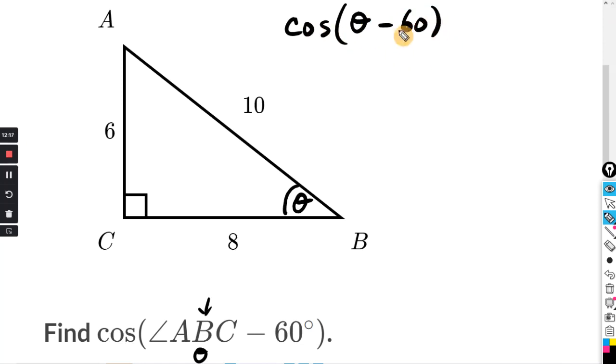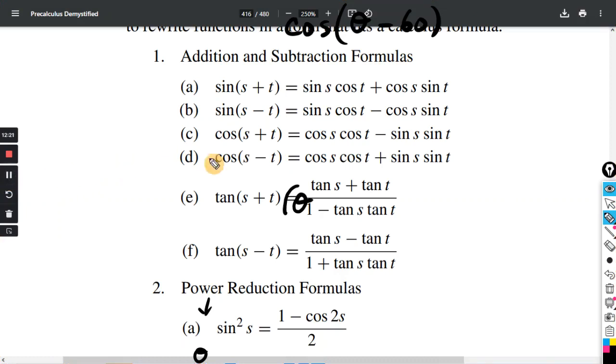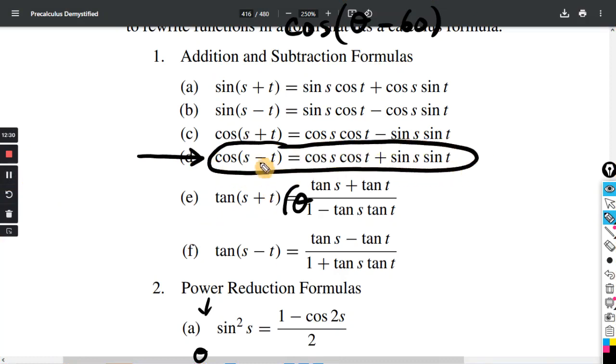I'm going to look for the subtraction formula for cosine. The subtraction formula for cosine is this one right here. So it's cos plus sine. I'll remember that. Cos plus sine, and just alternate the two angles.